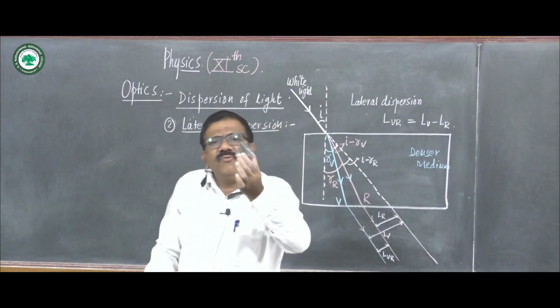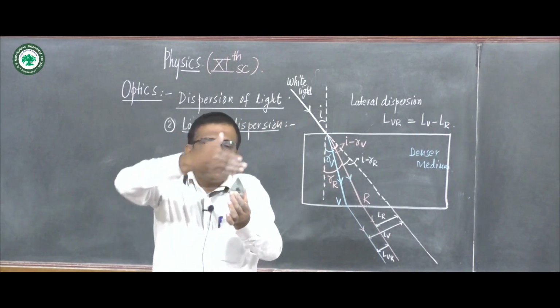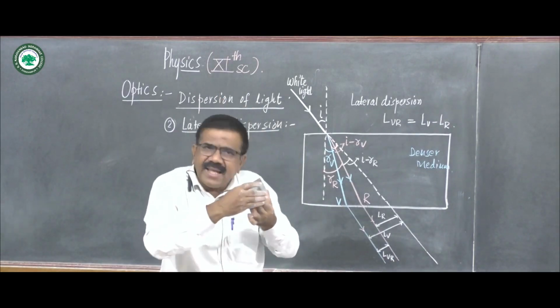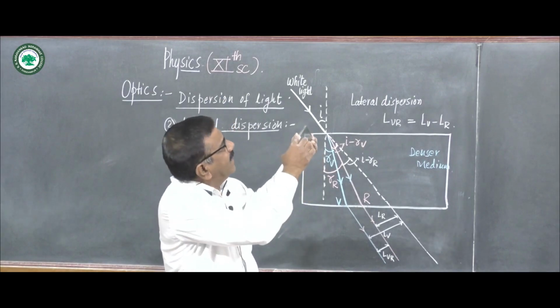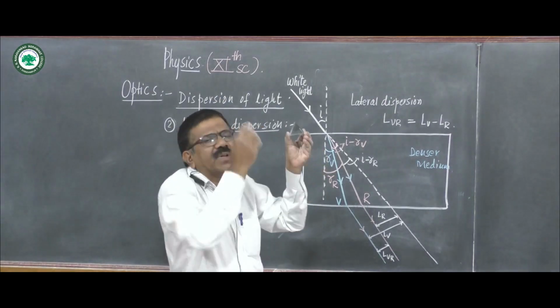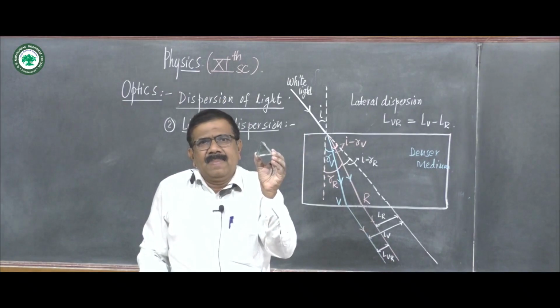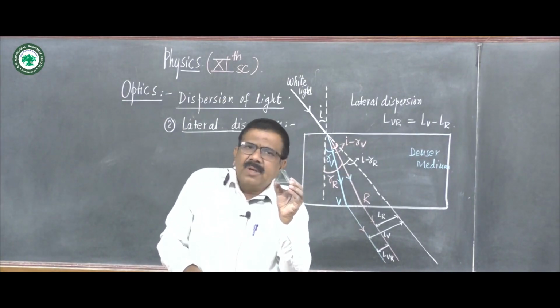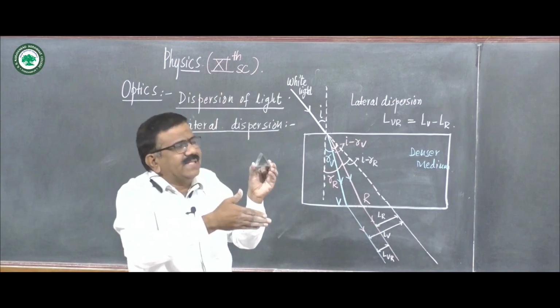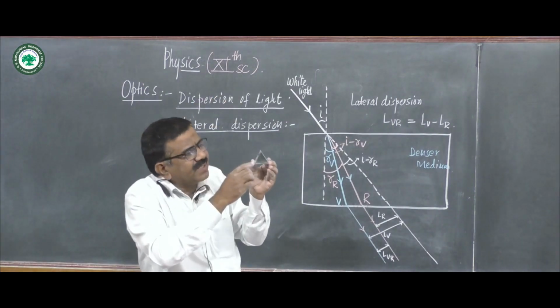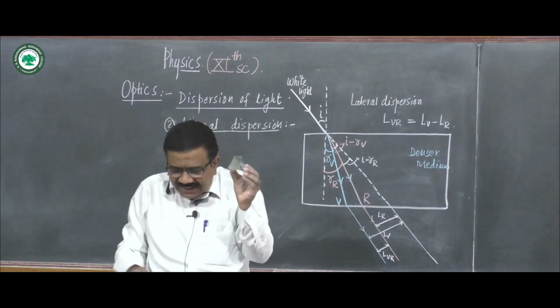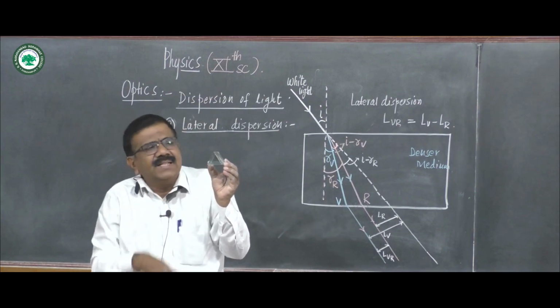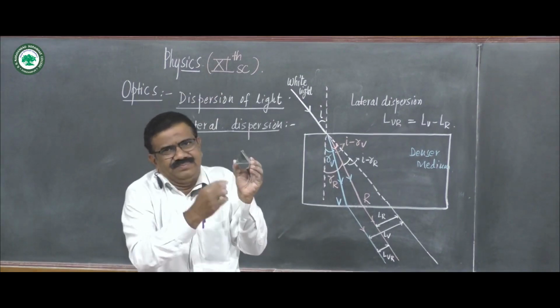And the section of the prism perpendicular to its refracting edge is the principal section of the prism. This principal section is triangular in shape.